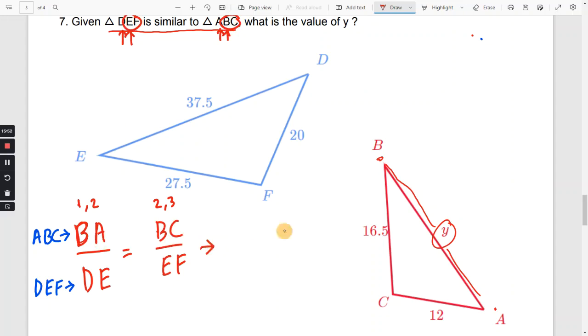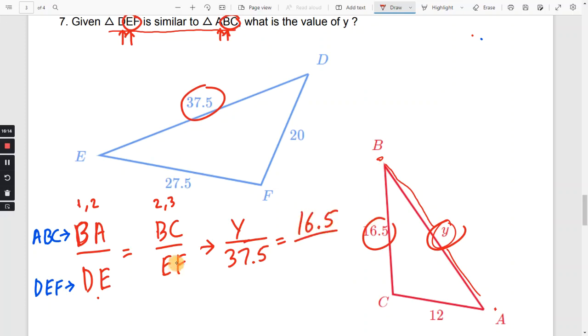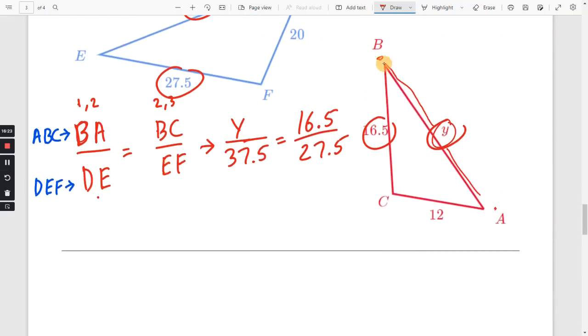So BA is just Y. And then DE is this one right here. That's 37.5. And then BC is this one right here. That's 16.5. And EF is this one right here. That's 27.5. Okay, so now we need to cross multiply.